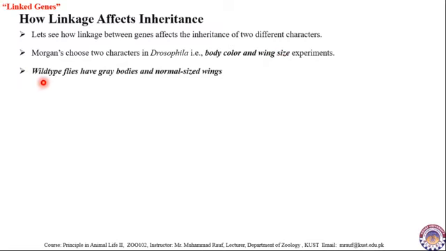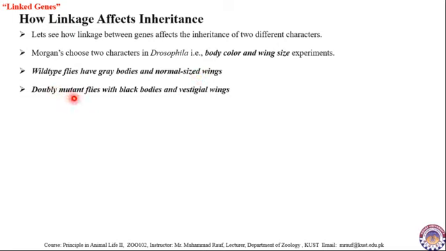Now the wild type flies have gray body color, which means the gray body color is a dominant trait, and they have normal sized wings. This is also a dominant character.